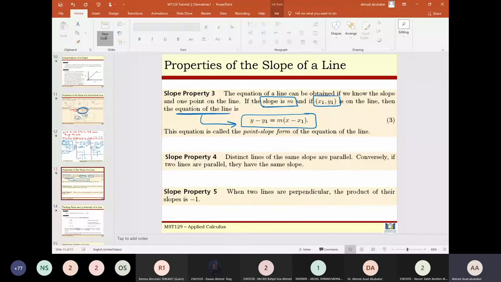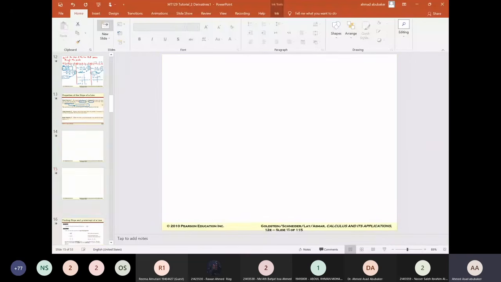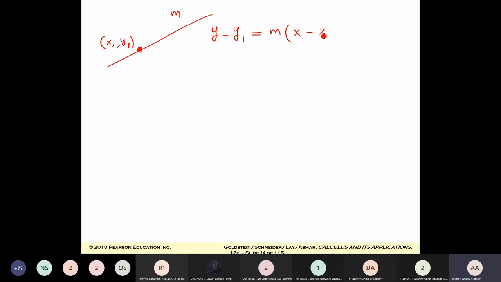So, if we have a line, and given on the line the point x1, y1 and the slope m, we can write the equation of the line as y minus y1 equals m times (x minus x1).